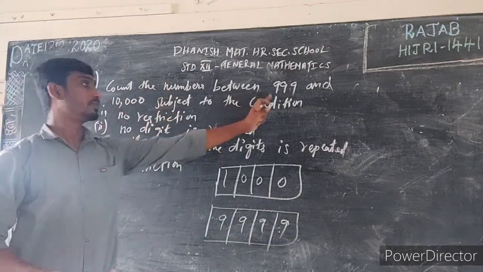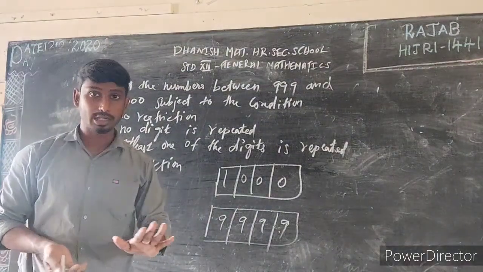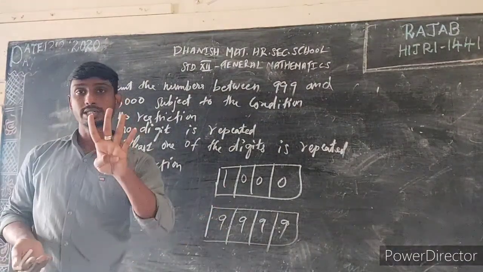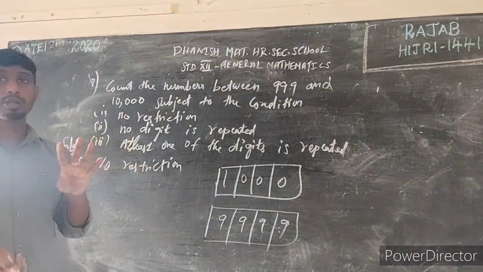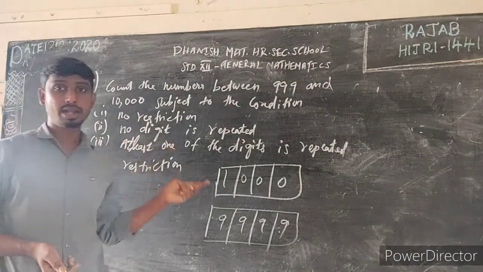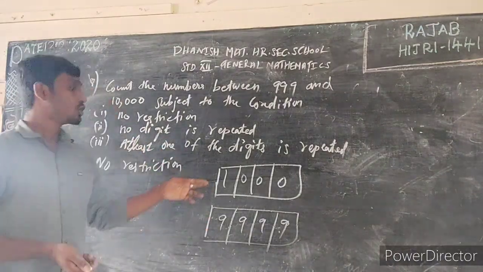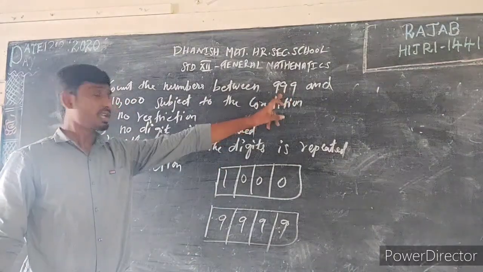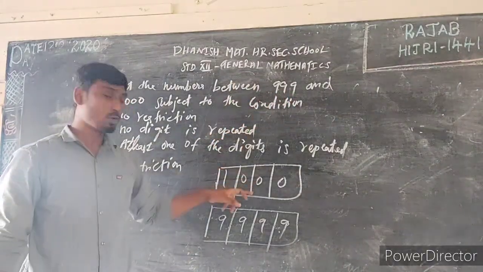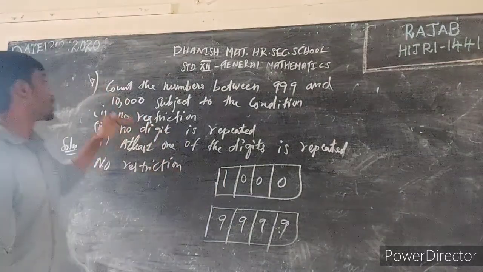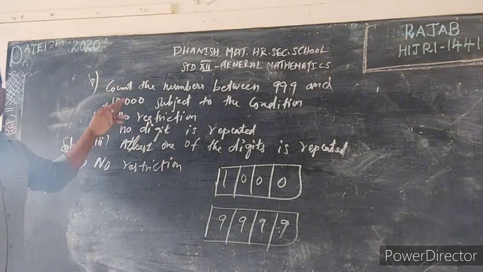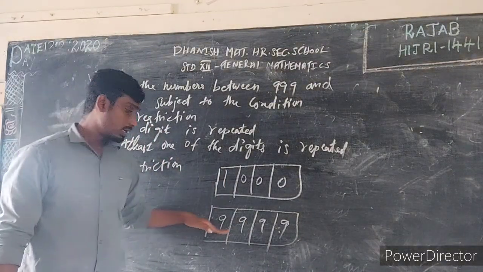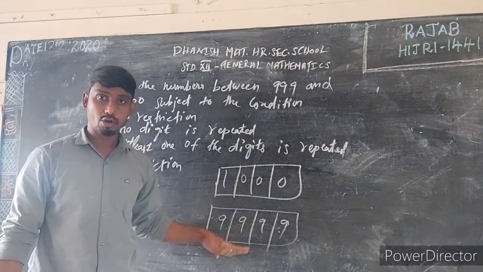So it will be the 4 digit type of sum, because there is no mention of how many digits here. The next value after 999 is 1000, which is also 4 digits. The value before 10,000 is 9,999, which is also 4 digits.